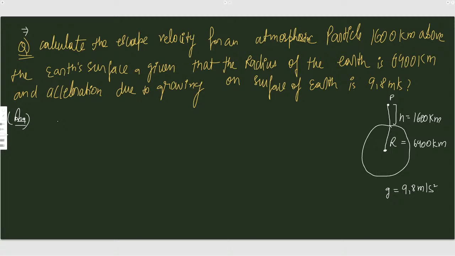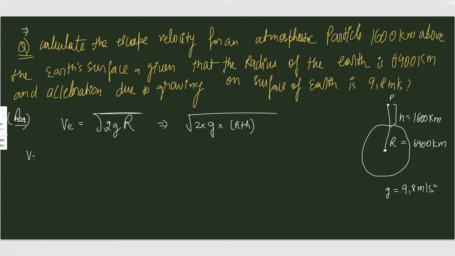We know the formula of escape velocity, root 2gR. I have written the wrong term earlier. Instead of capital R, we write capital R plus h. Capital R describes the radius of Earth, and h is the height of the particle with respect to the surface of Earth.